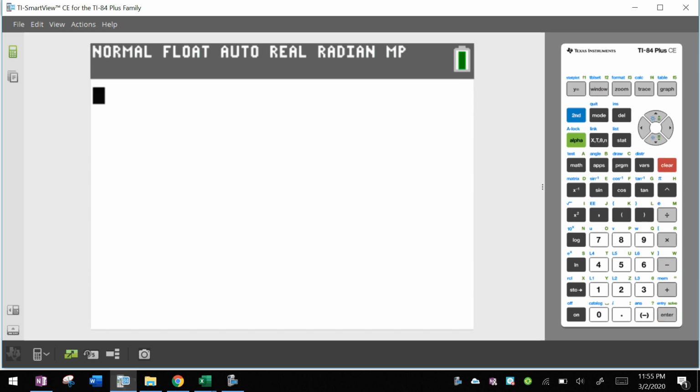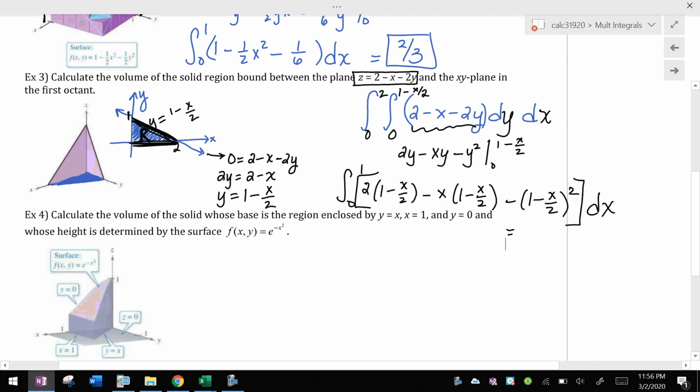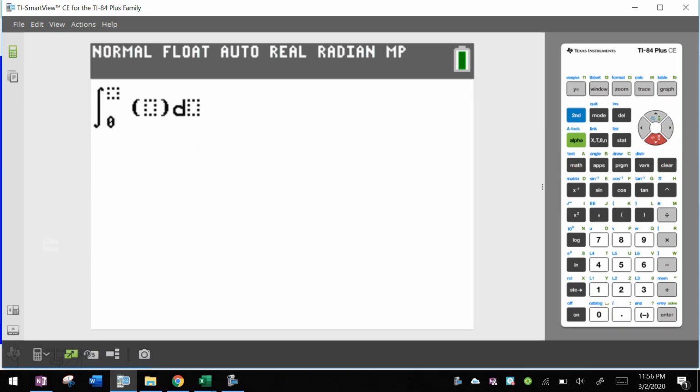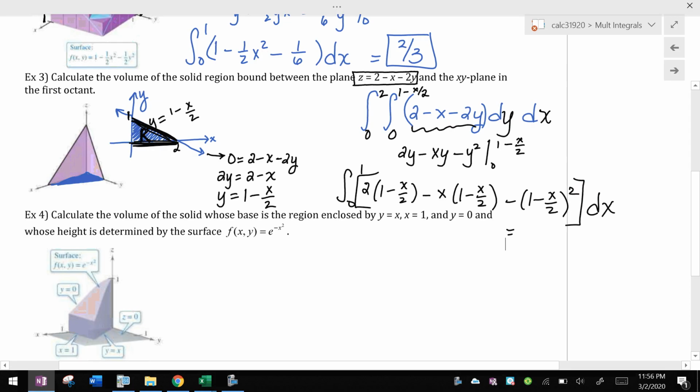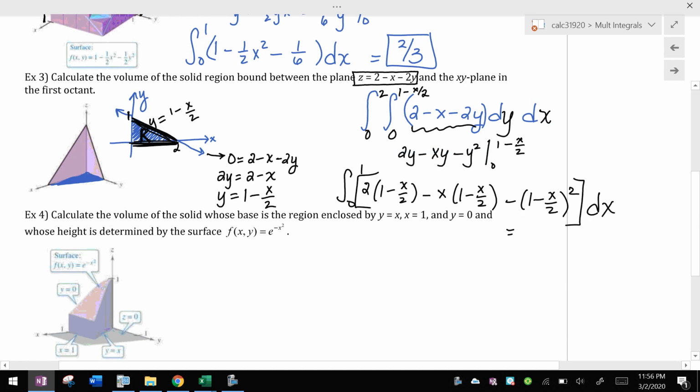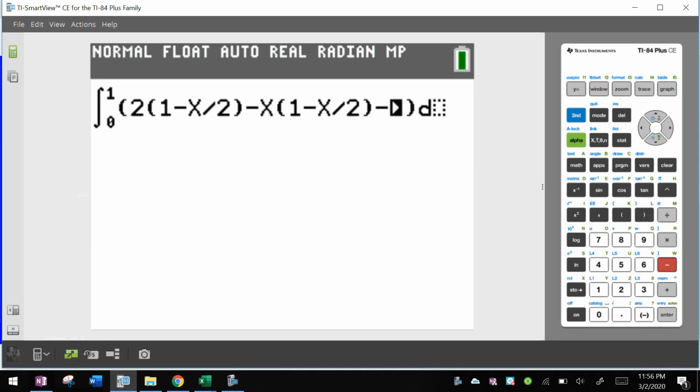And you might think maybe I should just say, it's something, but I have a plan here. So I want to do the integral from 0 to 1 of 2 times 1 minus x over 2 minus x times 1 minus x over 2, and then minus 1 minus x over 2 squared.